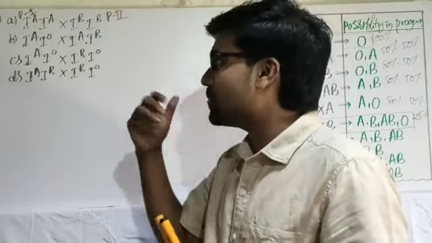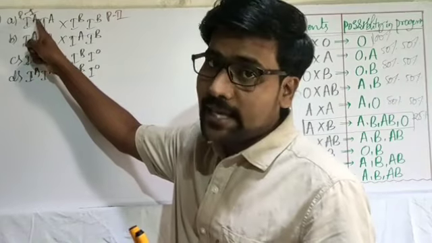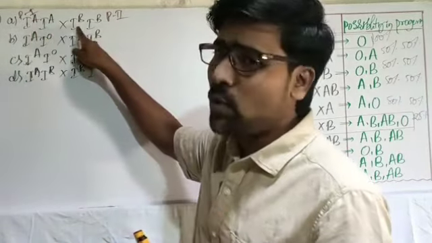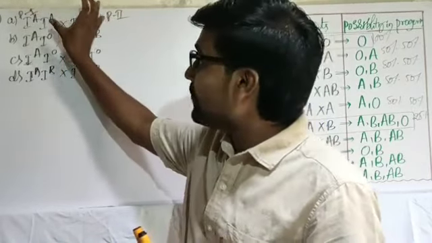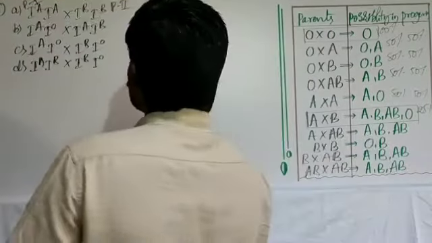One thing you observe here, parent 1 is homozygous A. Let us consider father. Father is homozygous A, mother is homozygous B. That means A blood group and B blood group. But if we cross this one, we will get only AB. How is it? See just.